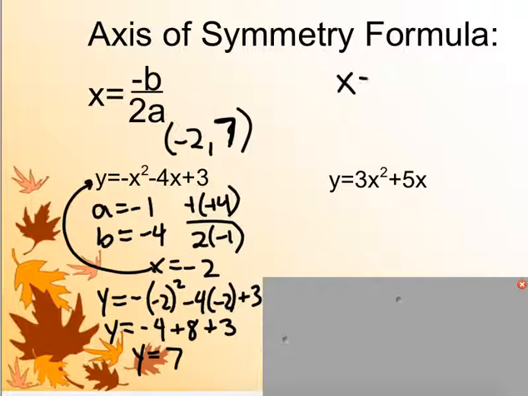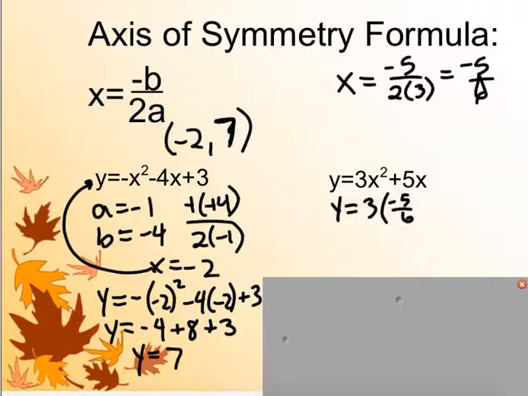Our axis of symmetry is going to be -b over 2a. So we say -5 over 6, and we could plug that in to find our y value. So we're going to say y is equal to 3 times x squared, so -5 over 6 squared, plus 5 times -5 over 6. And we'll have some simplifying to do for sure with that one.